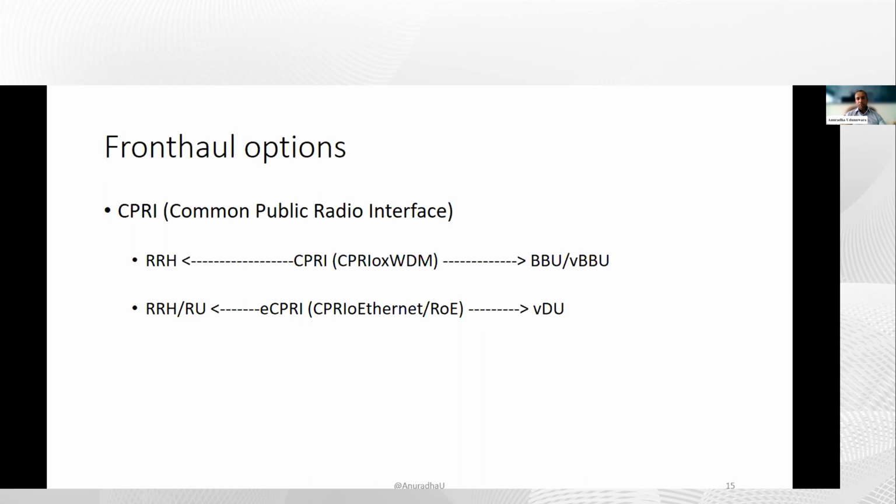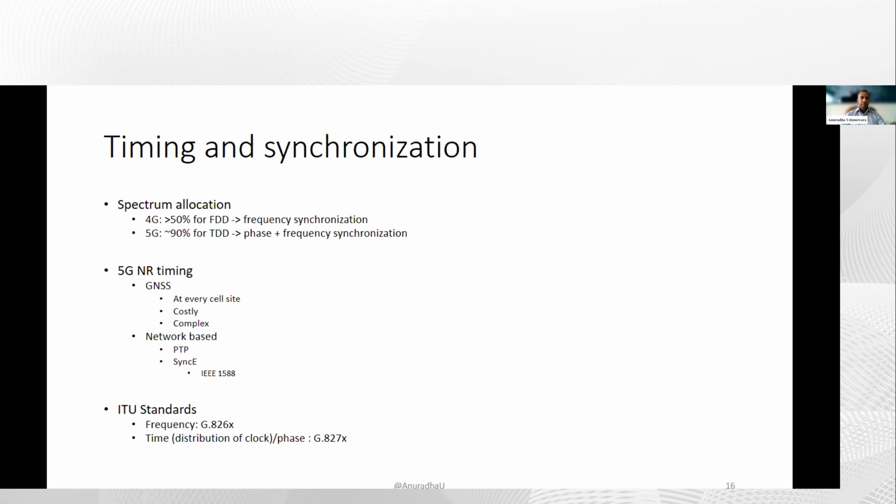So we have both of these options, but you need to select: you implement the entire IP network here and then use DWDM just in the front haul to transport CPRI, or you really want to extend that same IP Ethernet capability towards the radio head side.